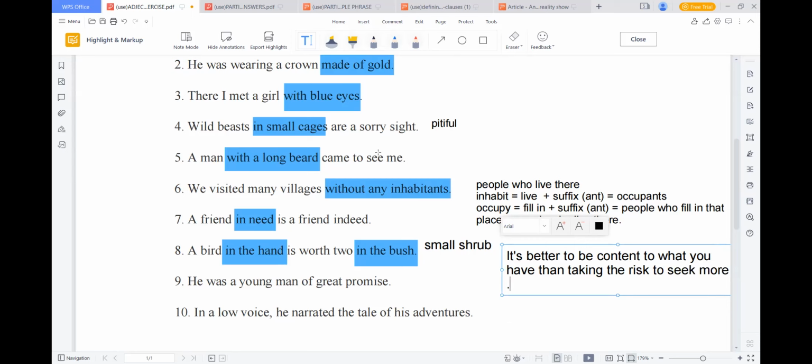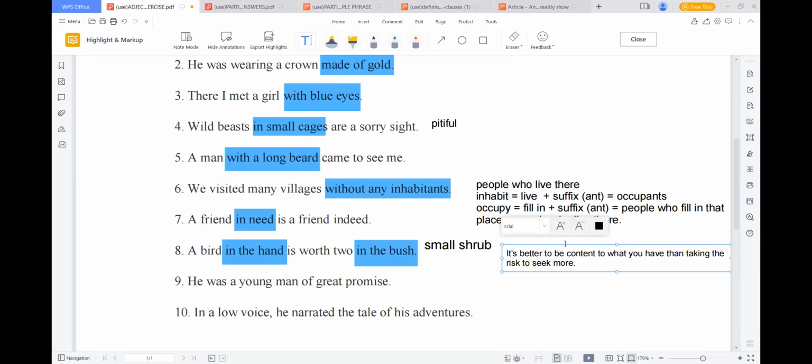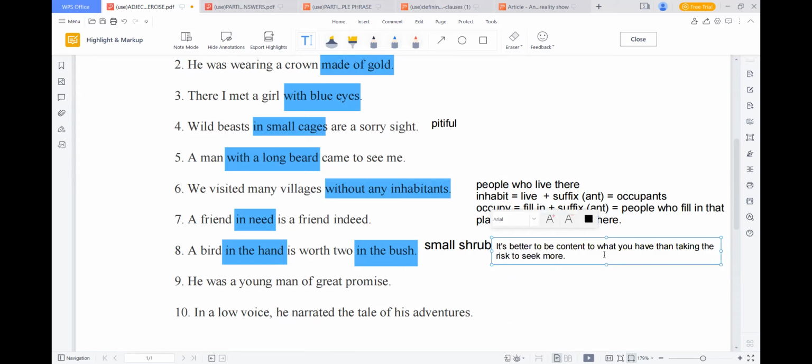Okay, make it smaller. I cannot even see my mouse. Can you see? Okay, all right. It's better to be content. Content 就是你可以满足在你现在手上有的 than taking the risk to seek more. 而好过你去冒险去想要得到更多。Okay, so that's the meaning. All right, you can write this down.